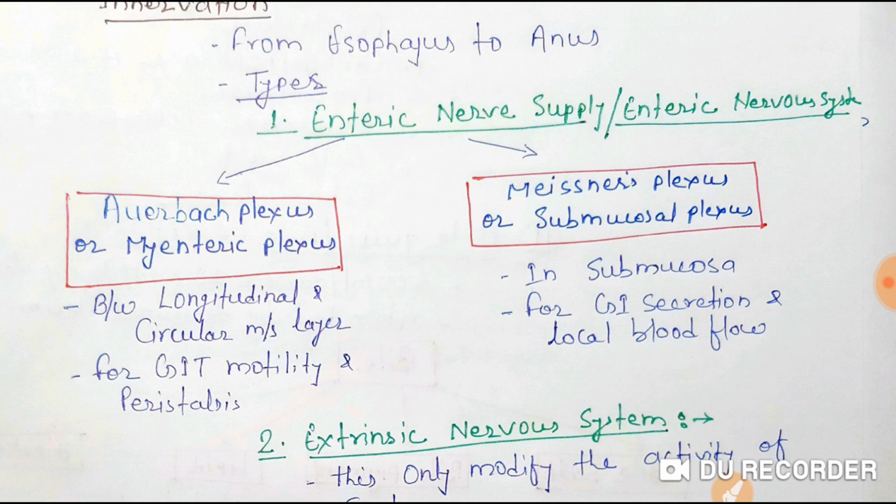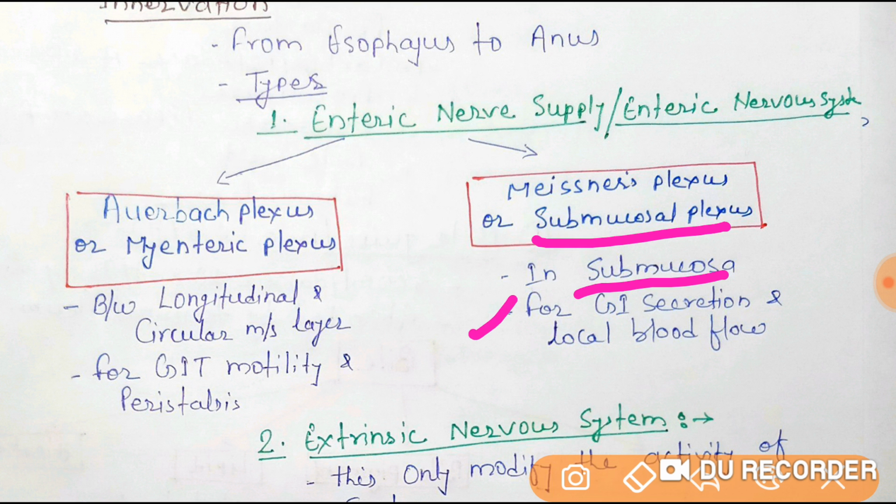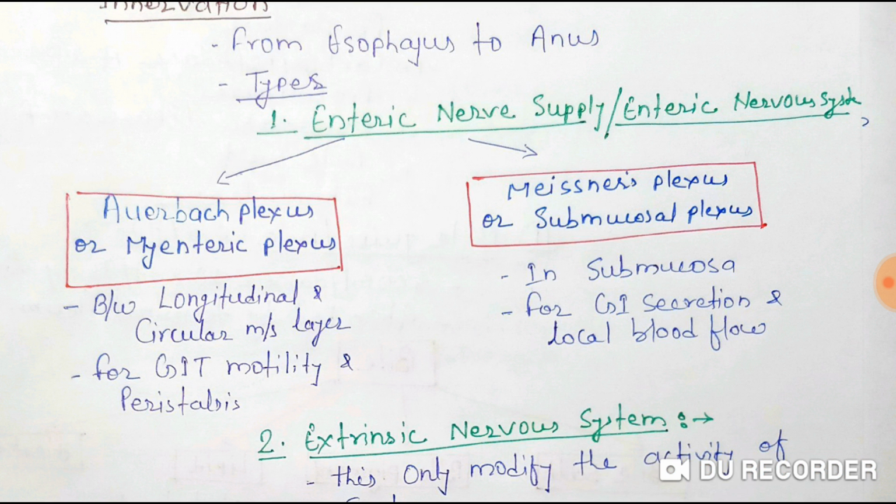Due to the presence of the Meissner plexus in the submucosa, it is also known as the submucosal plexus, and its function is GIT secretion and local blood flow.